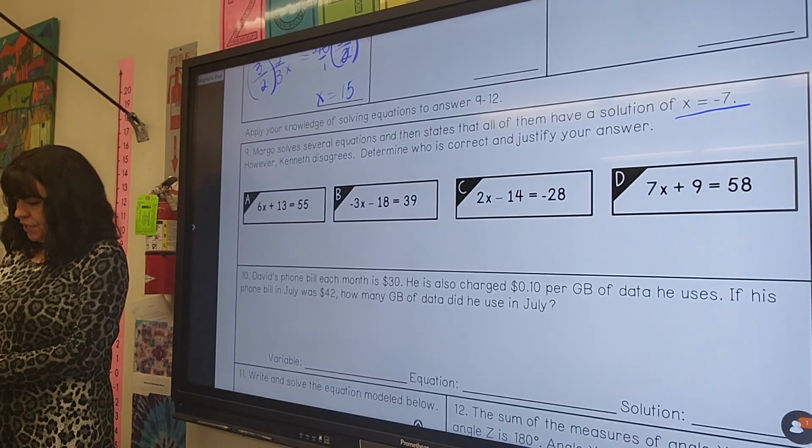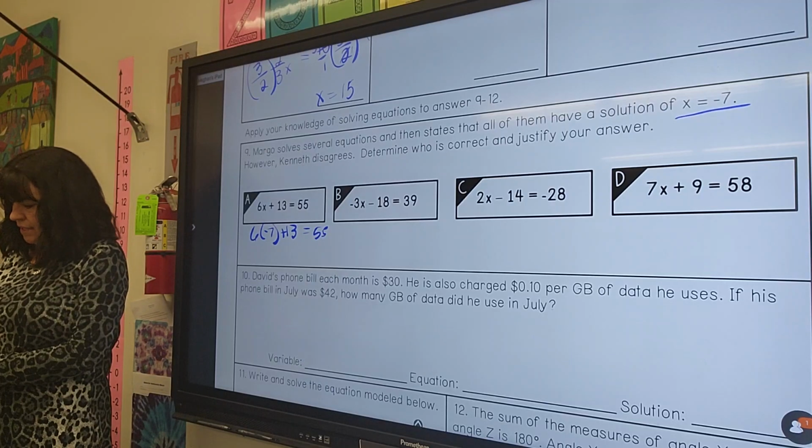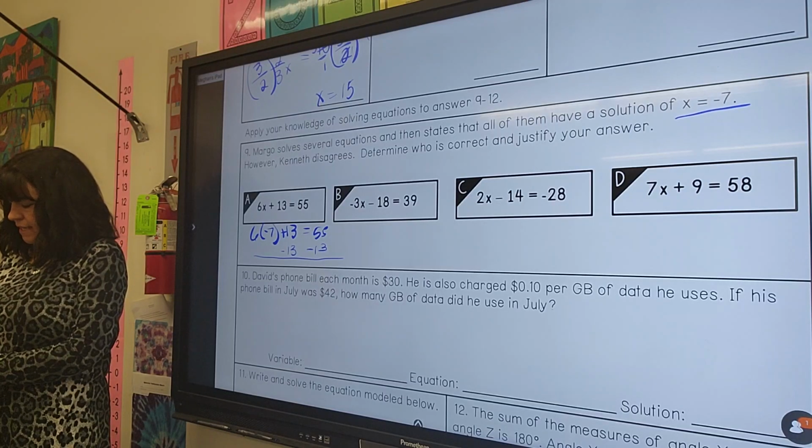But let's just try A. If we do that, 6 times -7 plus 13 equals 55. Wait, it doesn't work. 6 times -7 is -42 plus 13.